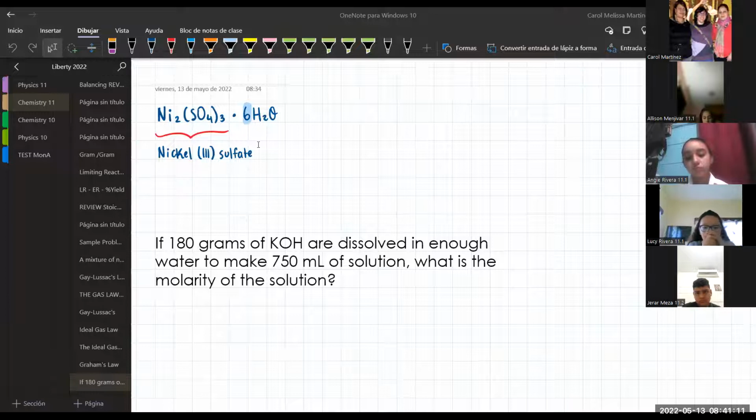For the number 6, the prefix used for 6 is hexa. Okay? And then instead of water, you're going to write hydrate. That's how to name it, okay?